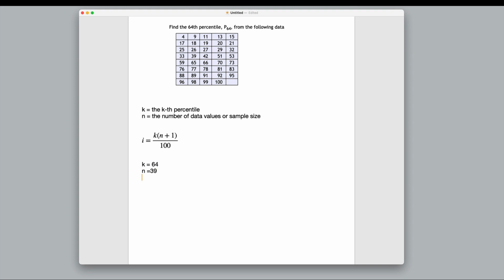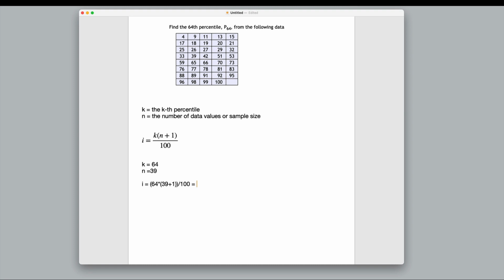Now let's calculate our value for i. i is going to be our k value, which is 64, times our n+1, or in other words, 39 plus 1, divided by 100.